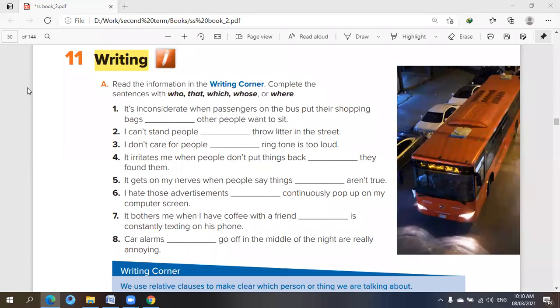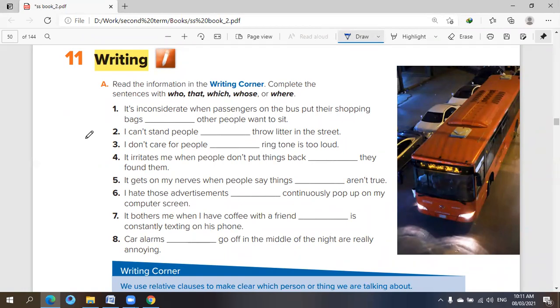Raise your hand, please. Number one. Who will I choose, please? What about Firas Salim? Yes, the first one, please. Go ahead.